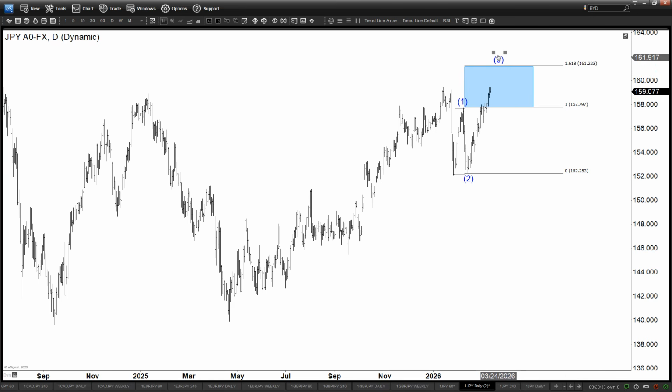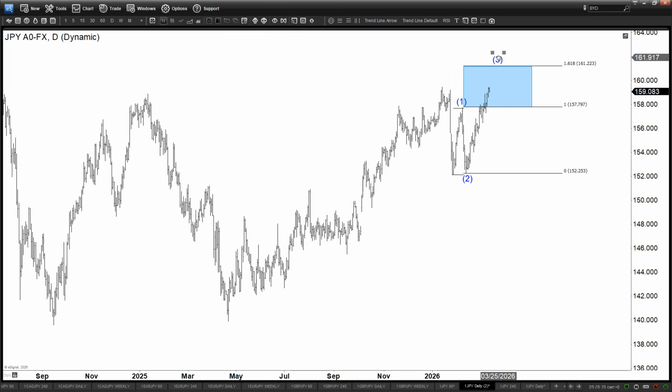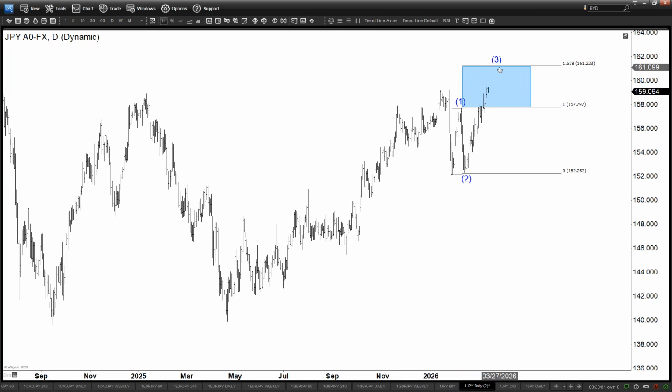It doesn't always have to reach 1.618, but I'm just giving you that potentially we could continue to extend higher within this wave 3 all the way up to 161. Okay, and again, once we finish that cycle, we should be going into a bigger degree wave 4, which is usually around 23.6 to 38.2% retracement of the wave 3, and then from there we should be extending higher again one more time.